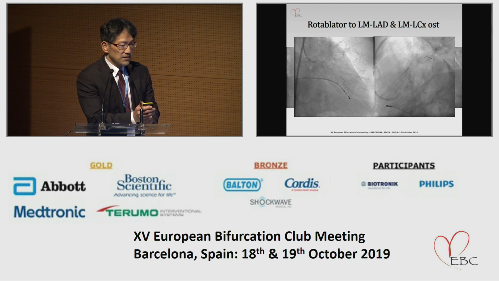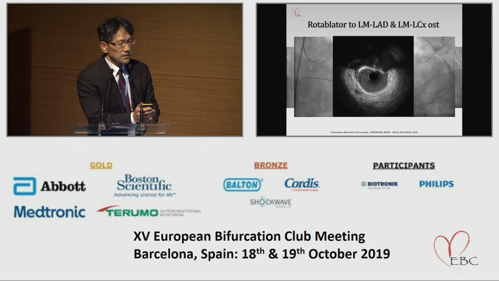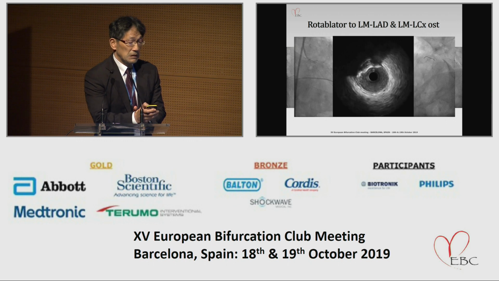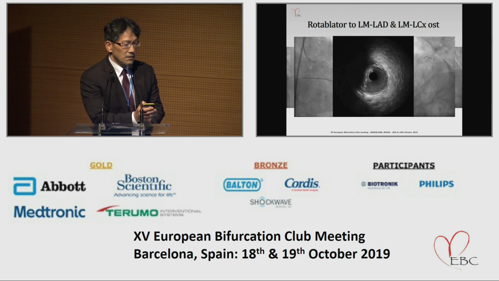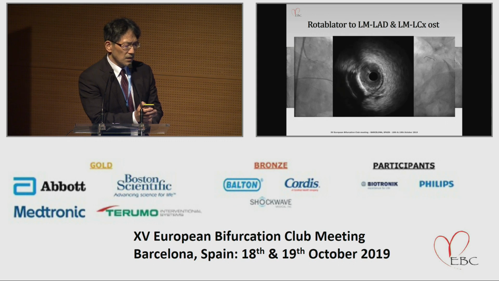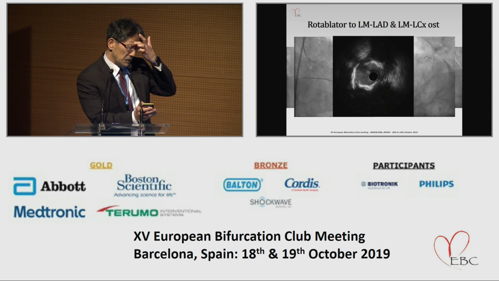This is the image from the left main to the LAD after the rotablation. Here we can see some fibrous plaque on the calcium layer.